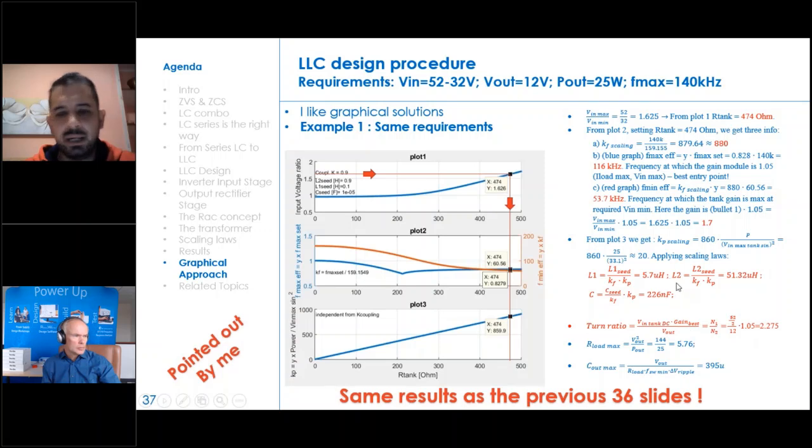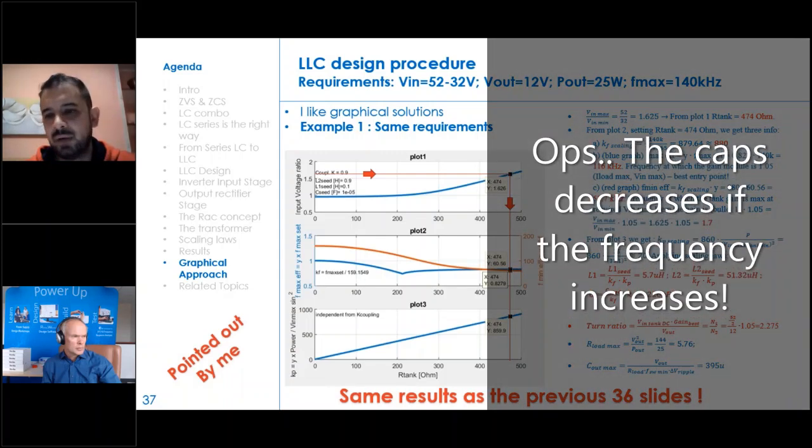The real LLC values can be got by using scaling laws. Remember that L, the inductor, always decreases if power and frequency increase, while the capacitor increases if the power increases and decreases if the frequency decreases.